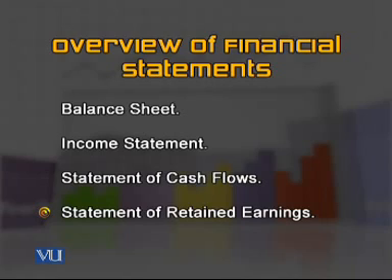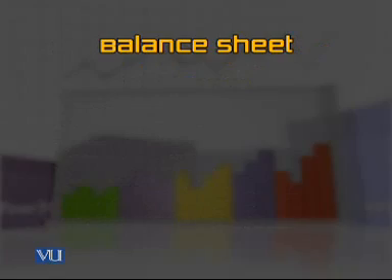But what we will focus on are the balance sheet, the income statement, and the statement of cash flows. Now, what is a balance sheet? A balance sheet lists a lot of things, and the two most important of them are the assets and the liabilities.